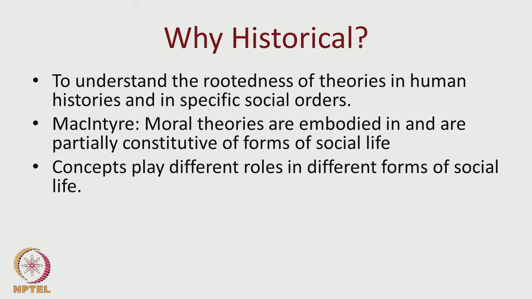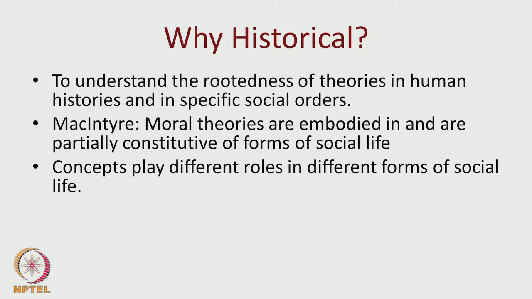And he again says that moral concepts play different roles in different forms of social life. See, for example, the concept of justice: the same concept appears in different cultural contexts, different civilizations. For instance, Plato discusses this concept elaborately, and then in Thomas Hobbes the concept of justice again appears prominently, but these two philosophers have dealt with this concept in very different ways.